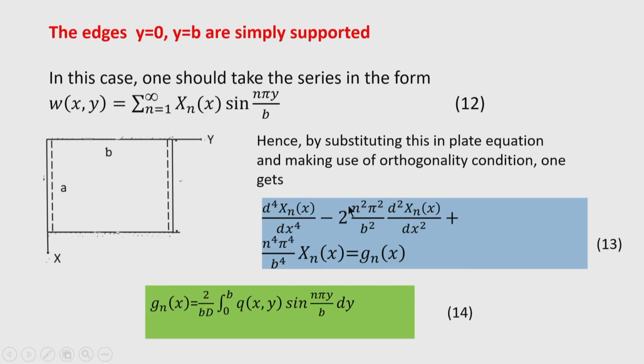Similarly, we will get the forcing integral, which is a function of x, because when we multiply by sin(n pi y by b) and integrate with respect to y, the variable y is replaced by the constant limits of the integral. Therefore, the result will be a function of x. Hence, in this differential equation the right hand side non-zero part is a function of x.